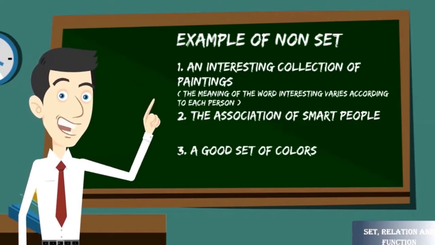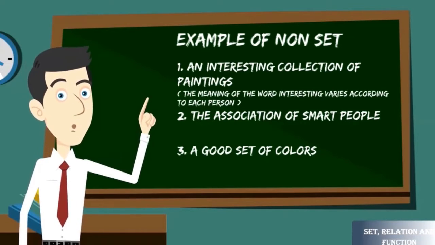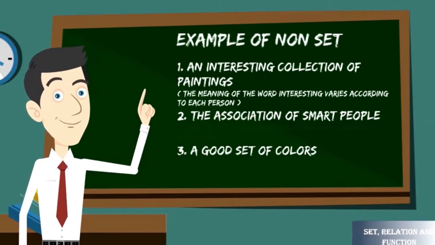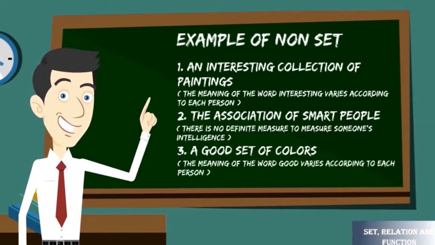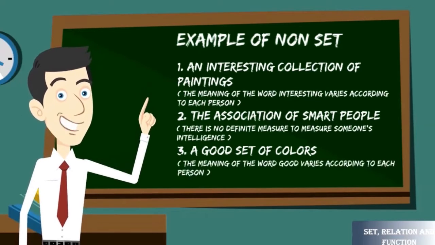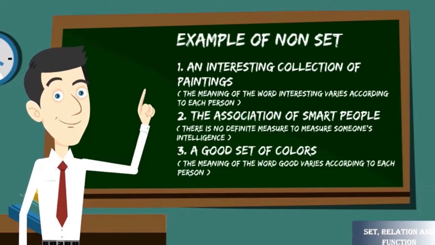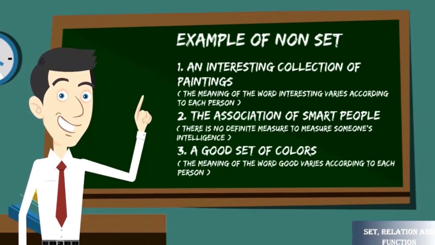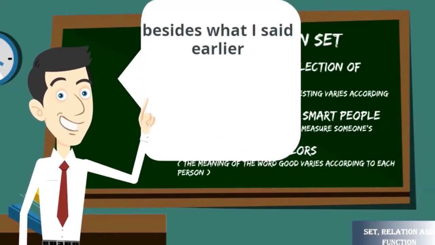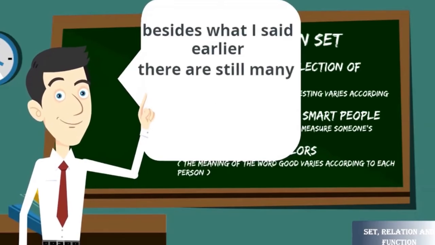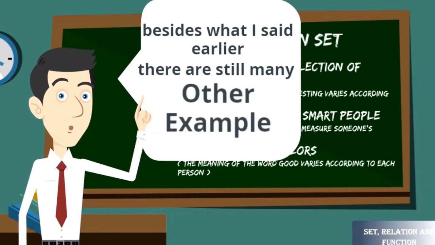And then the association of smart people is not a set because there is no definite measure to measure someone's intelligence. And a good set of colors is not a set because the meaning of the word good varies according to each person. Besides what I said earlier, there are still many other examples of a set and not a set.